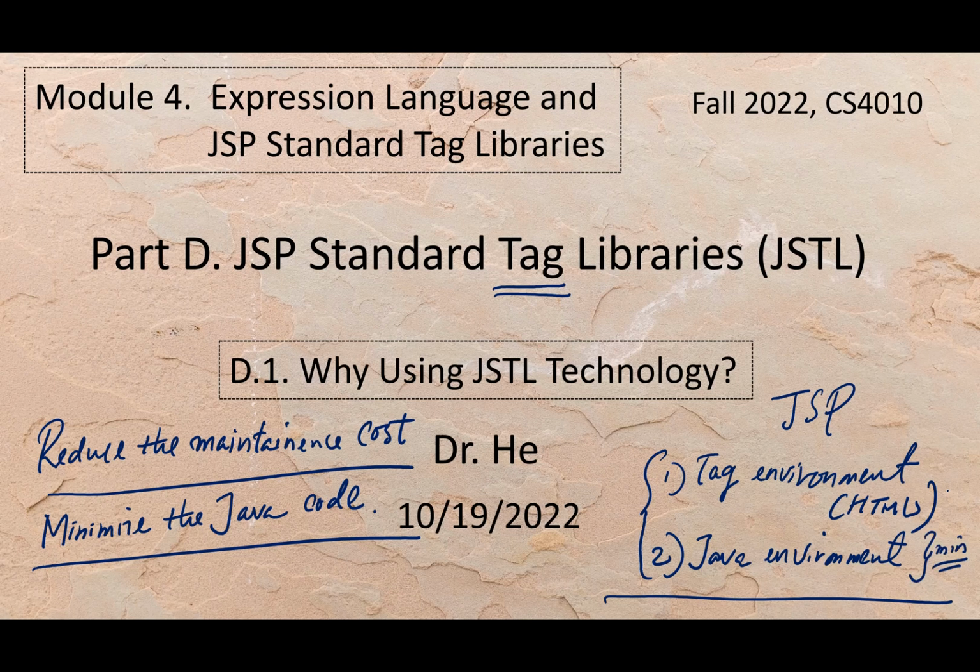But in the tag environment, we want to do dynamic content, right? Because we're not satisfied with the static content.